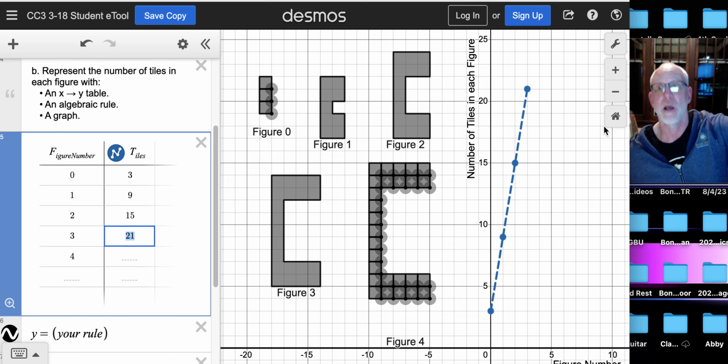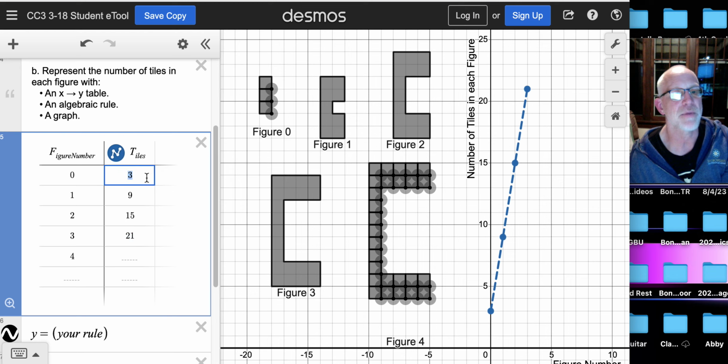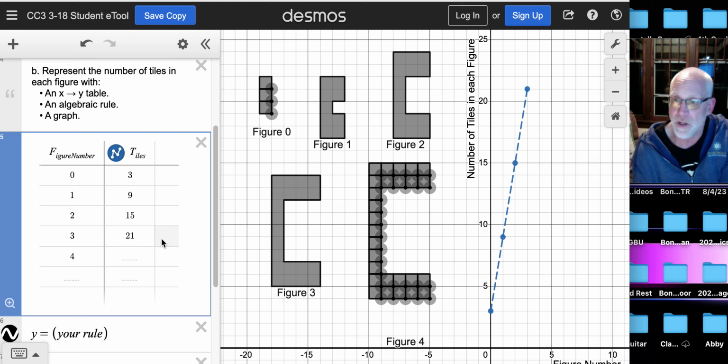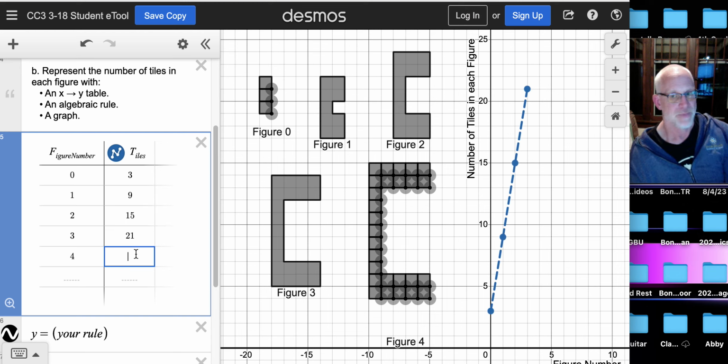So we're working from the table to the graph. Table to the graph, okay? Now, look at this. It went up 3, 9, 15, 21. What's it going up by every time? What does it go up by every time? So kids said, well, it goes up by 6, so that's 27.